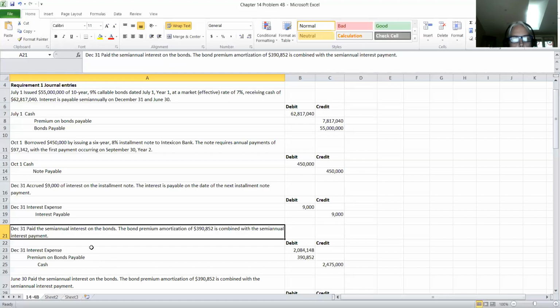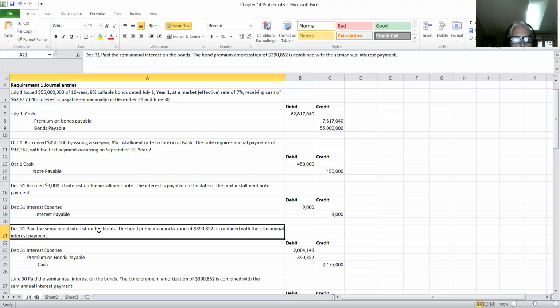First of all, we're paying the semi-annual interest on the bonds that were issued. We had issued 55 million, and so 55 million would be multiplied by half of 9%, which is 4.5%. That would give you the entire 6 months of interest that is owed on the bonds.